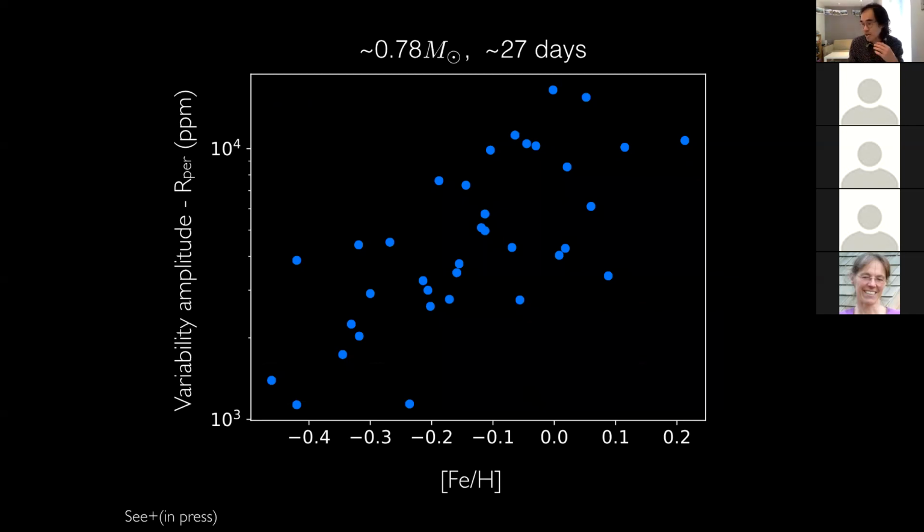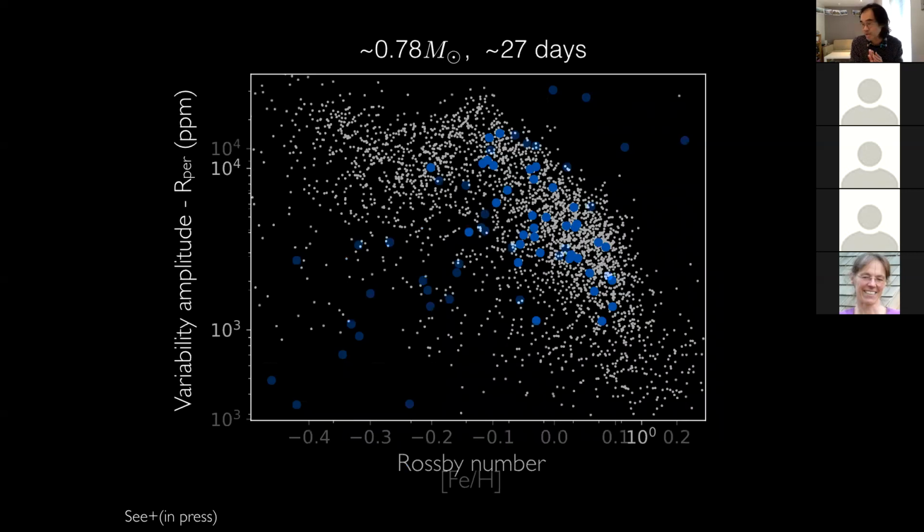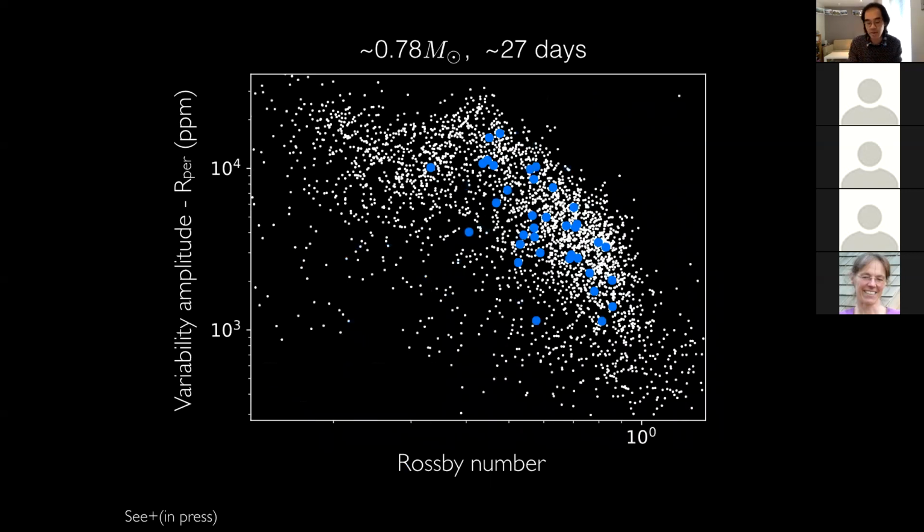If we look at the stars in this bin in variability-Rossby number space, and I've also included the full sample in white on this plot, we can see that there's quite a spread in Rossby numbers and a corresponding spread in variability amplitude for the stars in this bin.